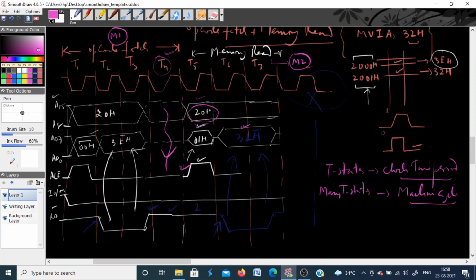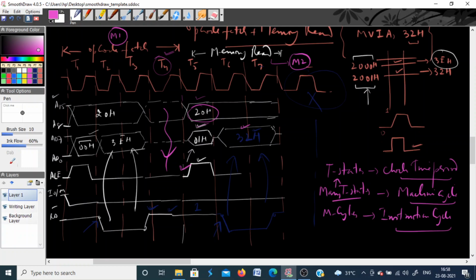And many machine cycles combine to form an instruction cycle. So the instruction cycle is the time required for the complete execution of the instruction. Each instruction cycle has one or more machine cycles, and each machine cycle requires many T states or clock periods.